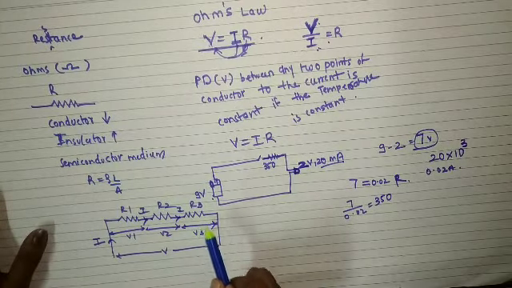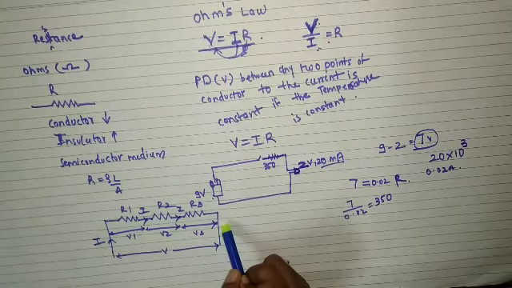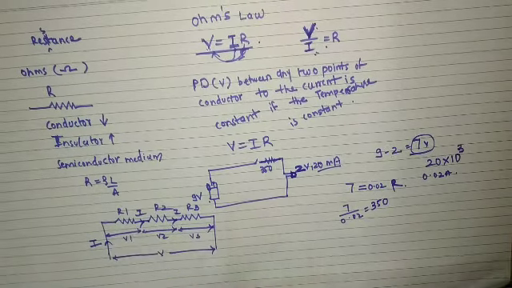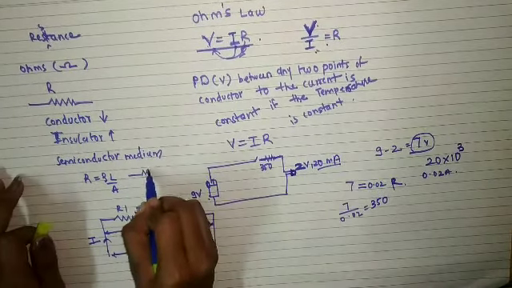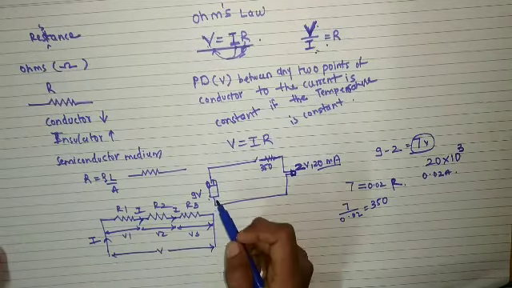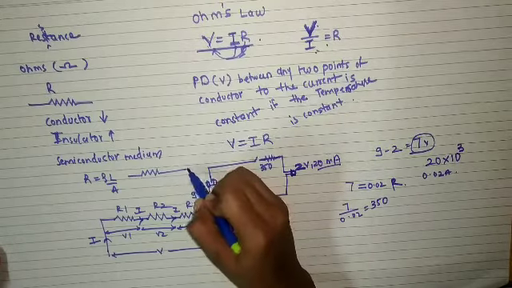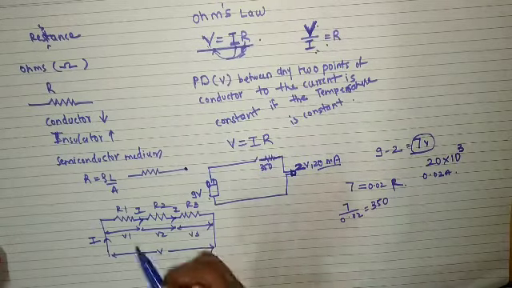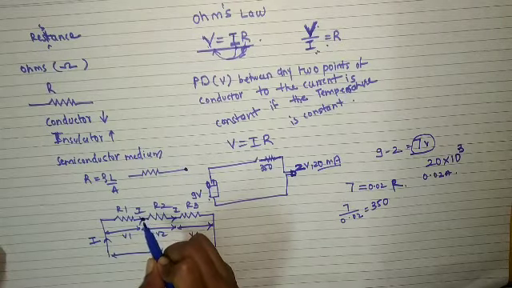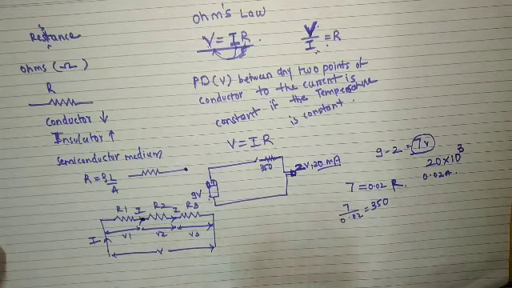When the resistances are connected end to end, that means the finishing terminal of the first resistance is connected to the starting terminal of the next.